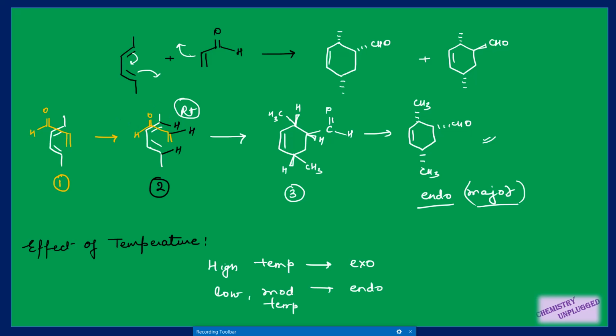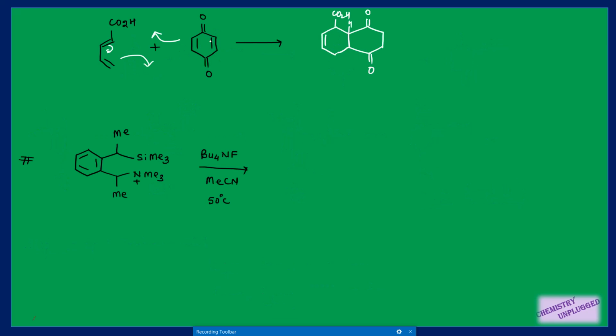When we align this diene and dienophile in this way, all these protons become cis to each other. In this case also, if we have a proton attached here and at this position, these all will become cis to each other. Meaning this acid group will go below the plane, right? So this is our endo product, so it will be major in nature.